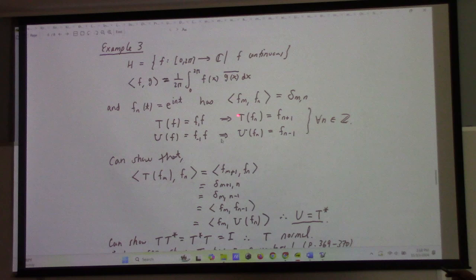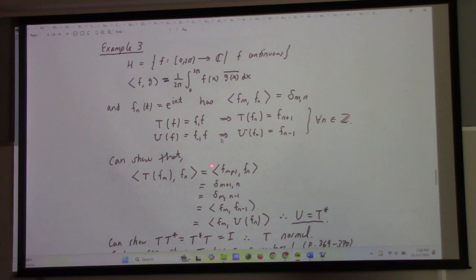And so he defines a T and a U operator by saying T of f is f_1 times f, and U of f is f_{-1} times f. And so what that does in terms of this orthonormal set is just a shift. It goes to the next one, or it goes to the one before in the list. And if you calculate, you can do this. So this is that.